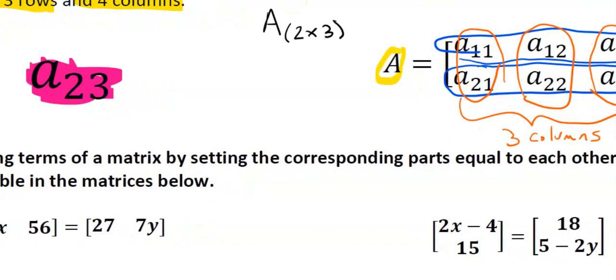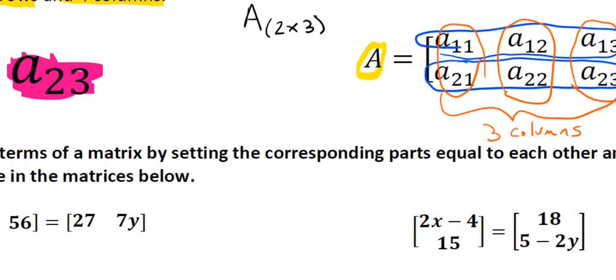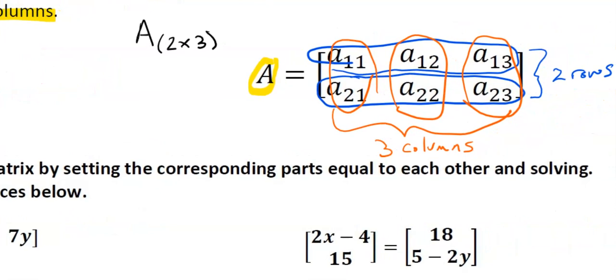The first one is the row, and the second one is the column. So this is in row 2, 1 being the top, and column 3 being the one furthest to the right. And so this is element A23.